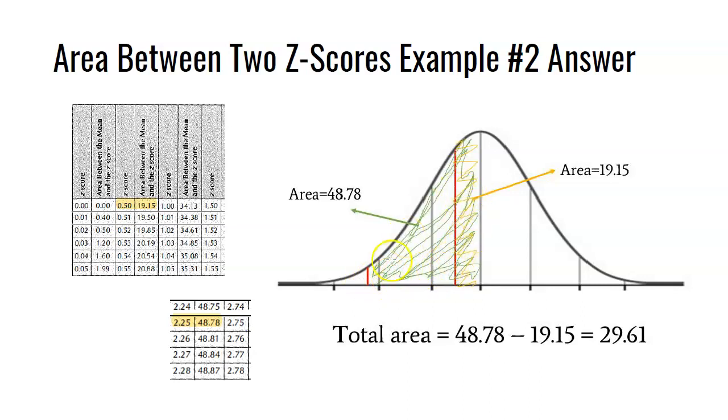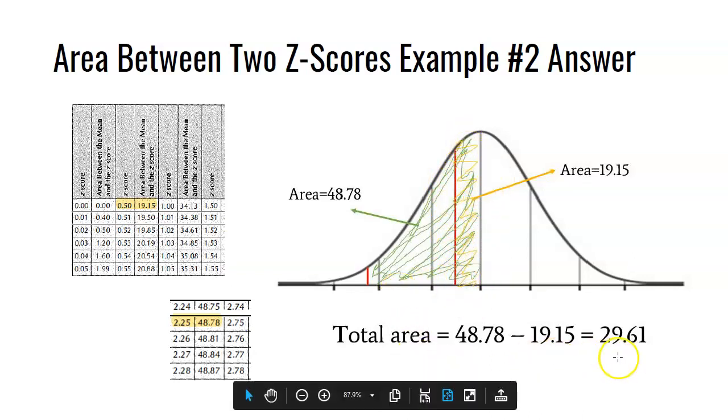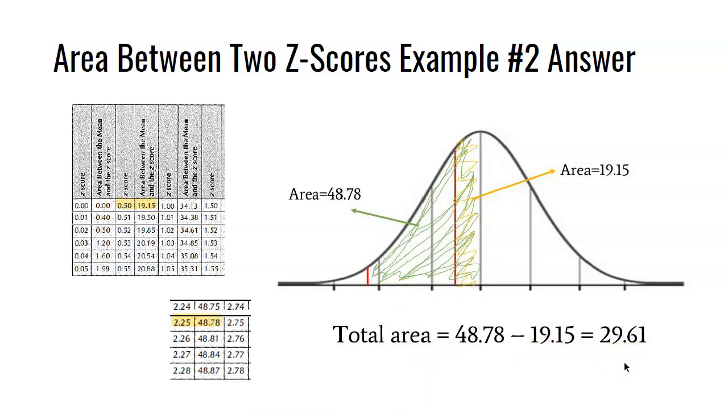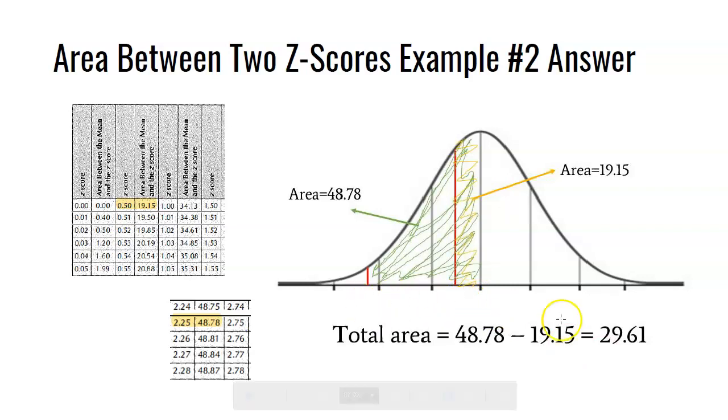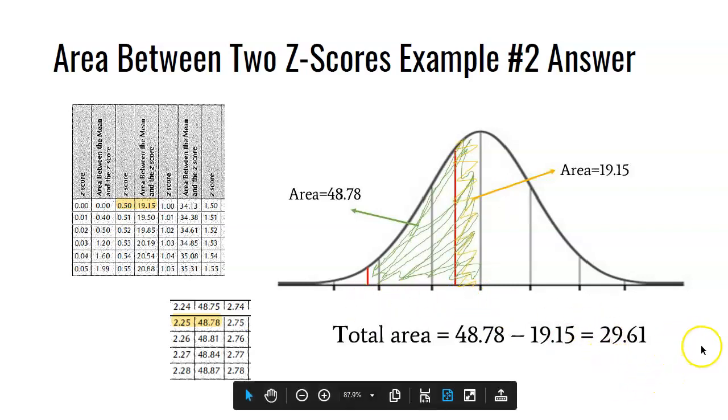So we take all this green and we subtract this yellow piece, right? This is the area for the yellow piece. And what do we get? We get an area of 29.61. So what that means is that a randomly selected observation has a 29.61% chance of being between negative 0.5 standard deviations from the mean and negative 2.25 standard deviations from the mean.